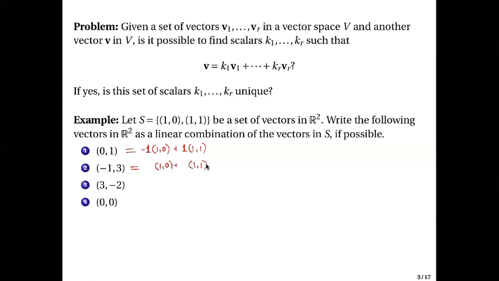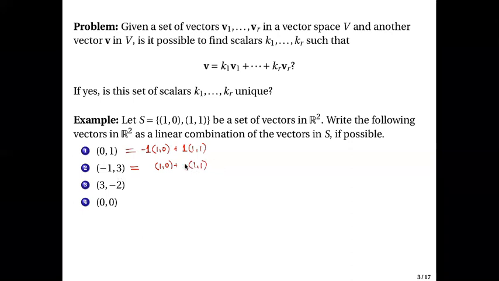Okay? So let's use that fact to get some combination for (-1, 3). Since this does not contribute to anything in the second component of the vector, while this one here gives something in that second component, then we multiply this vector with some scalar to produce the second component 3 here.